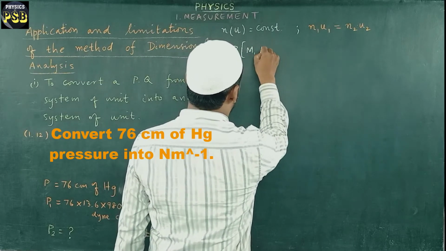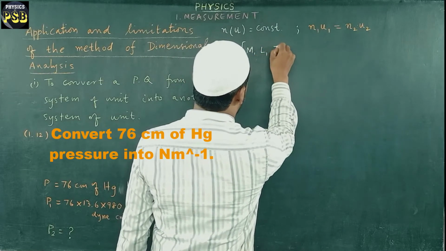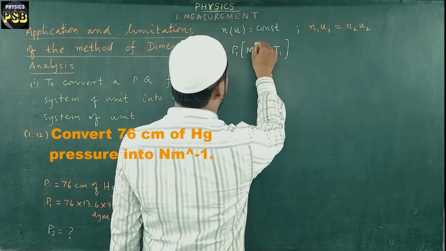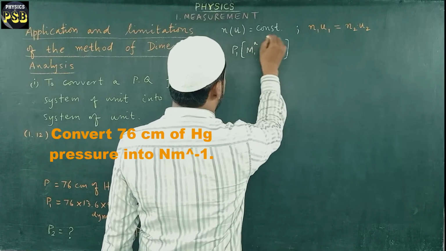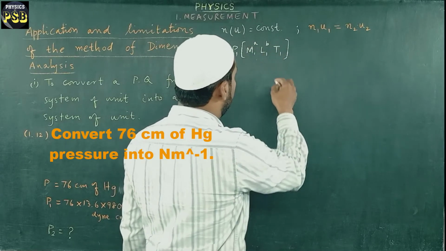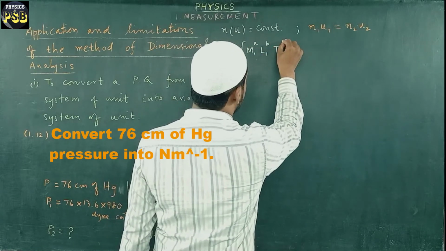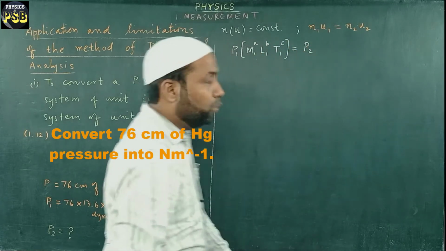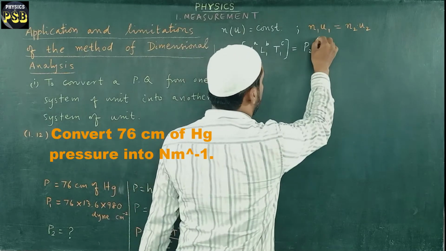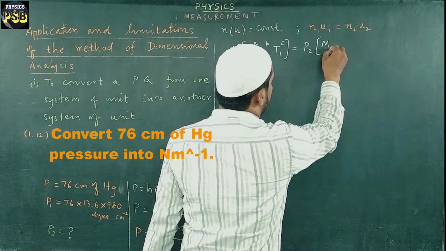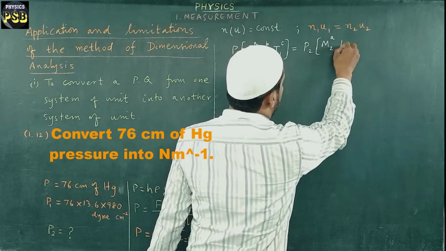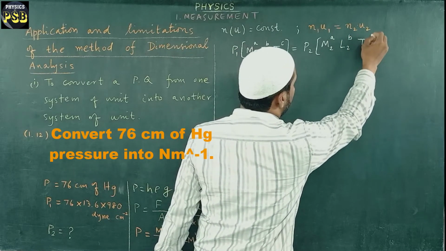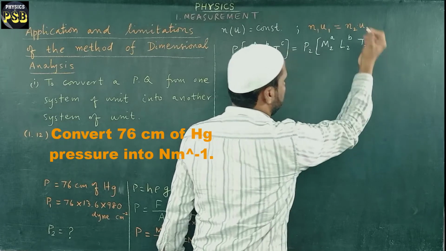M1 power a, L1 power b, T1 power c, where I take the dimension of M1 as a, the dimension of L1 as b, and the dimension of T1 as c. Then it will be equal to P2 multiplied with M2 power a, L2 power b and T2 power c.